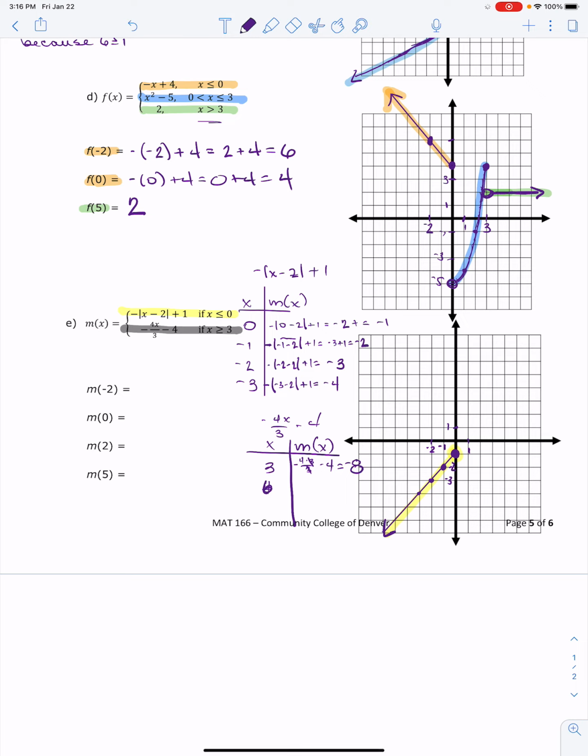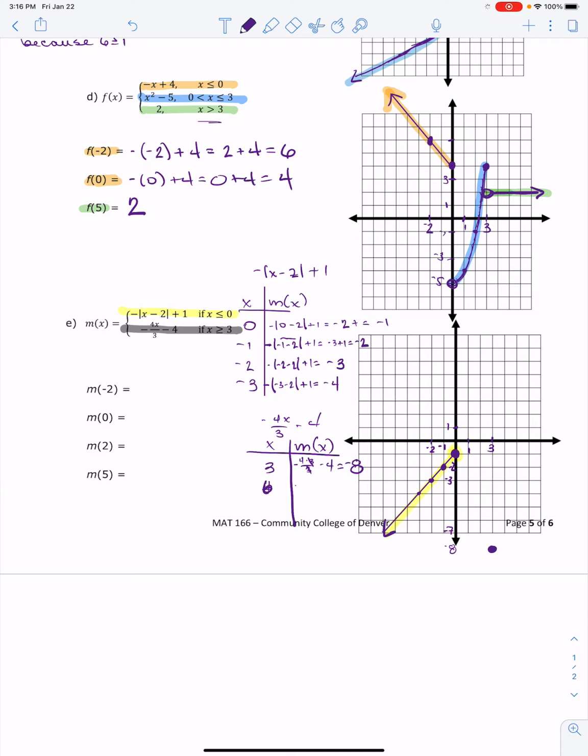And I obviously did not plan this very well. 1, 2, 3, 4, 5, 6. Negative 7 is right here. So negative 8 is over here. So 1, 2, 3, negative 8. It's a closed circle because I'm allowed to use 3.